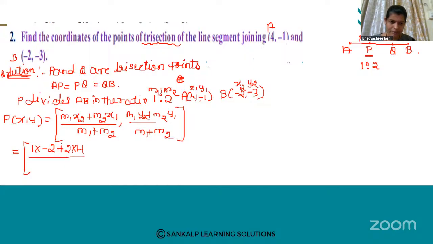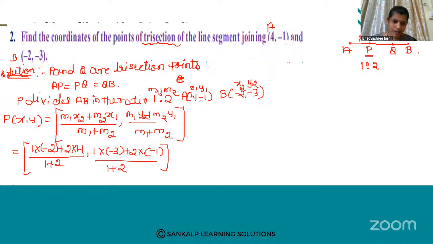Divided by, if you want, you can take one bracket here. m1 value is 1, m2 value is 2. Like that, m1 value is 1 and y2 value is minus 3, plus m2 value is 2 into y1 value is minus 1, right? Divided by 1 plus 2.